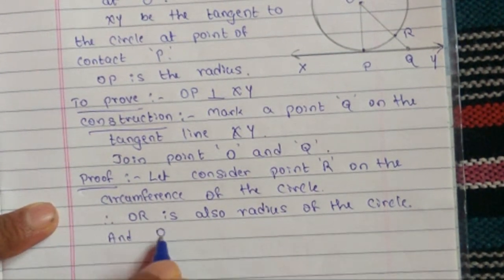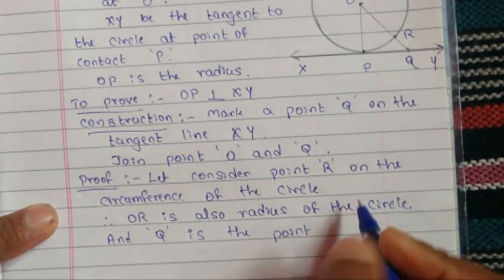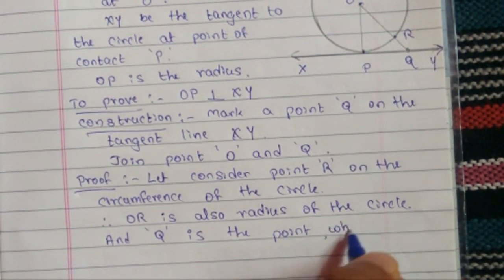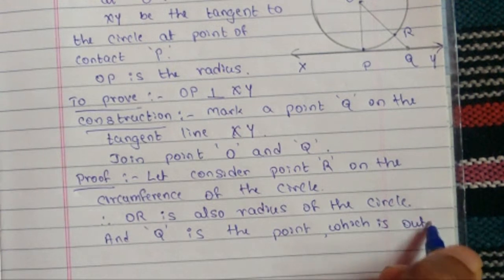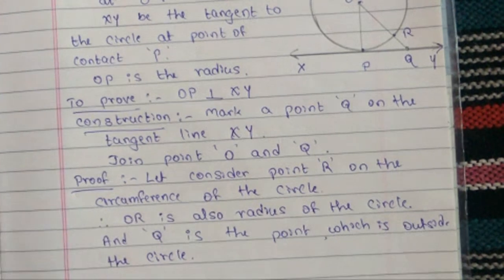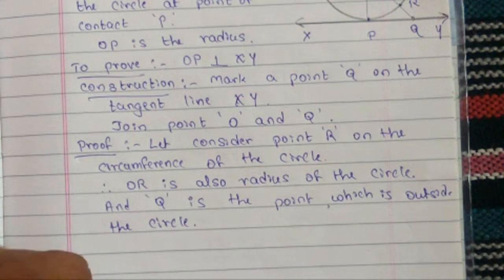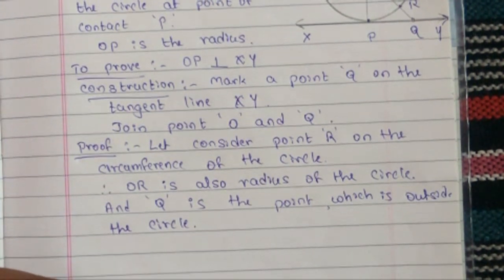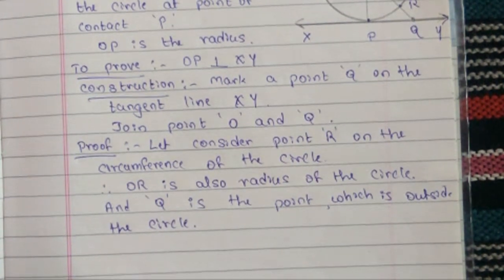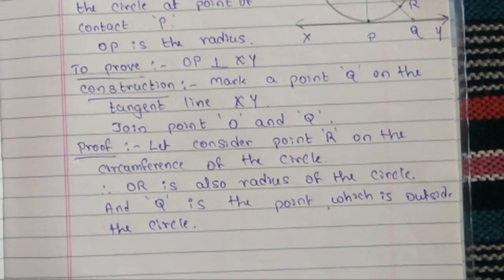And Q is the point which is outside the circle. When we consider a point which is on the circumference of the circle, that length is less when we compare that with the line where the point is outside the circle.